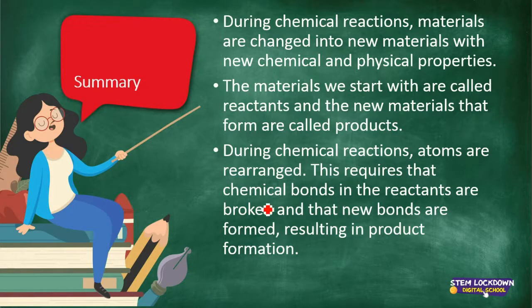This requires that the chemical bonds in the reactants are broken and that new bonds are formed, resulting in product formation. Saying that again slowly: the bonds in the reactants are broken and new bonds are formed, which causes product formation.